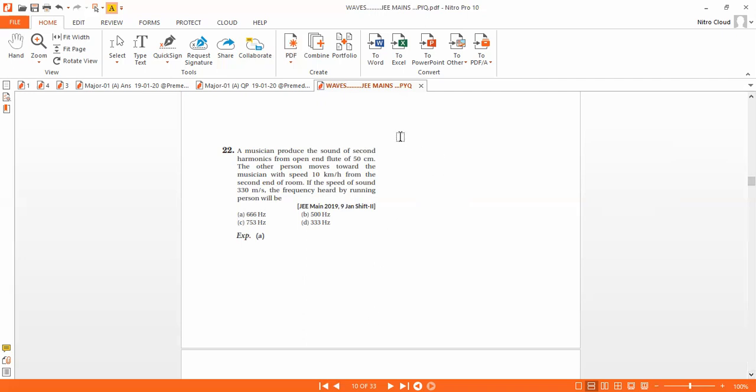Also the musician. First, the musician is producing a sound. Suppose here the musician is there, producing the sound of second harmonic from the open end of the flute. Length of that flute is 50 centimeter.